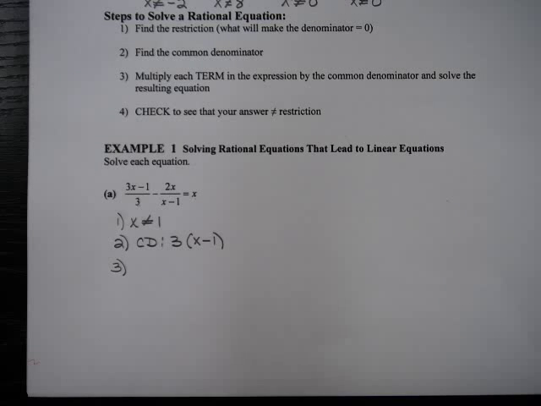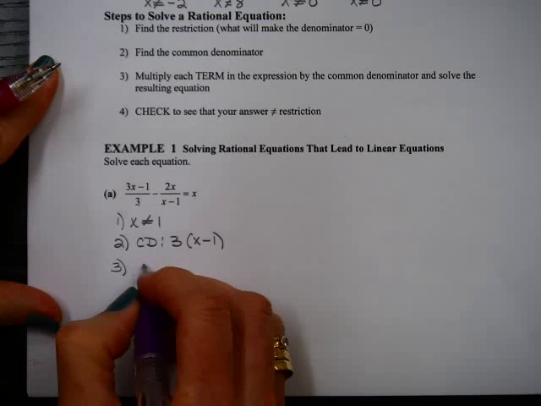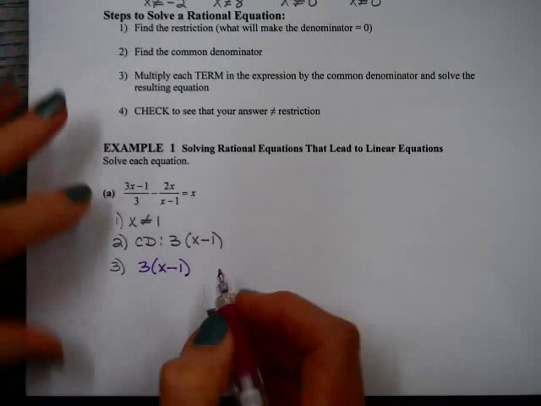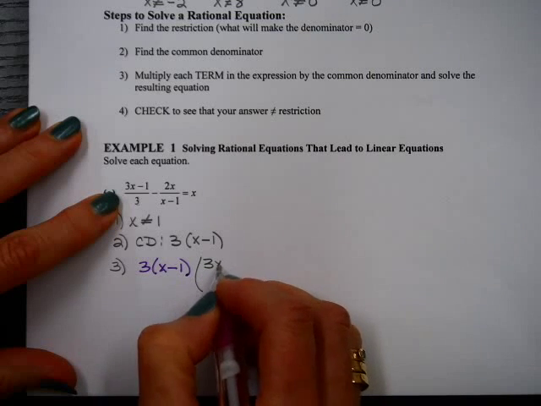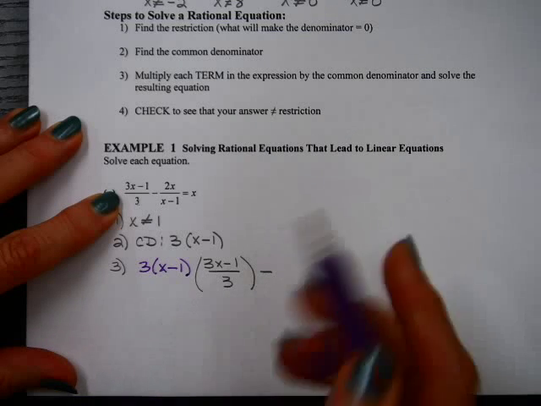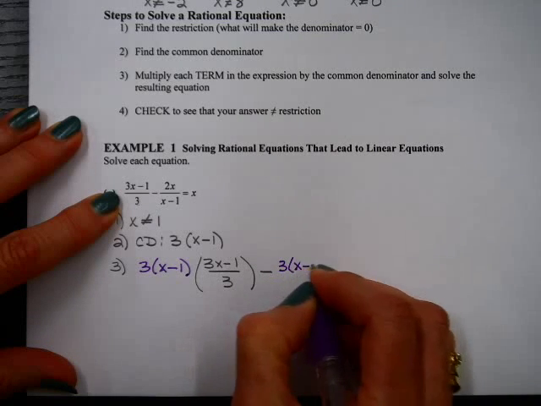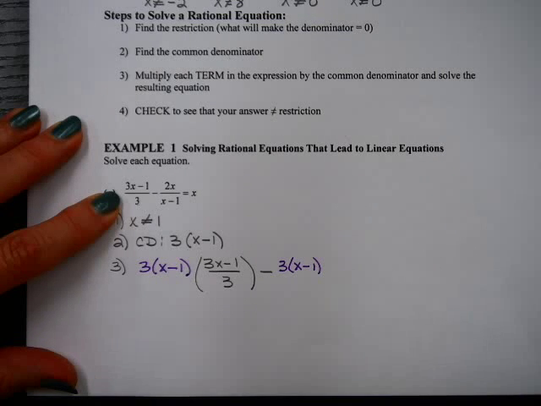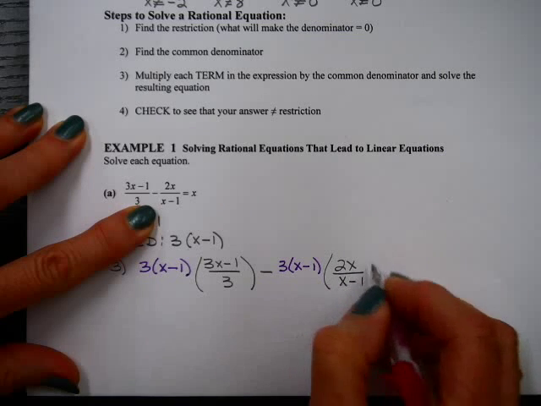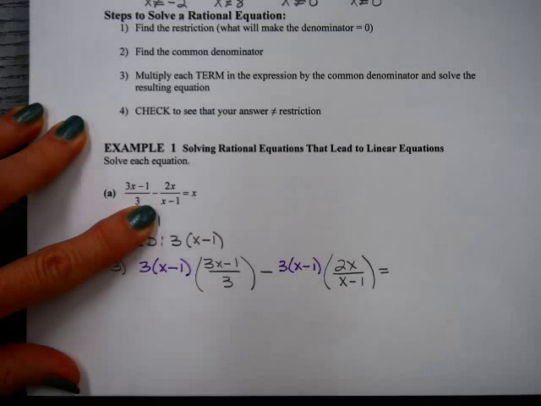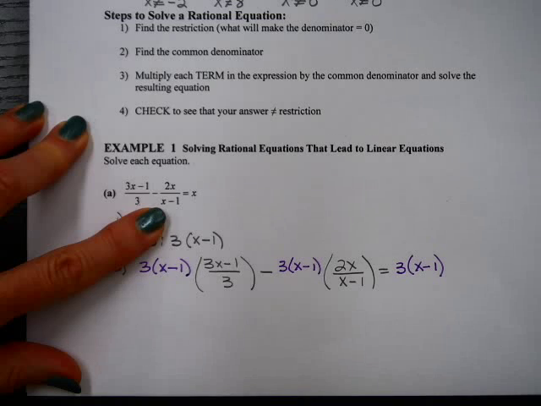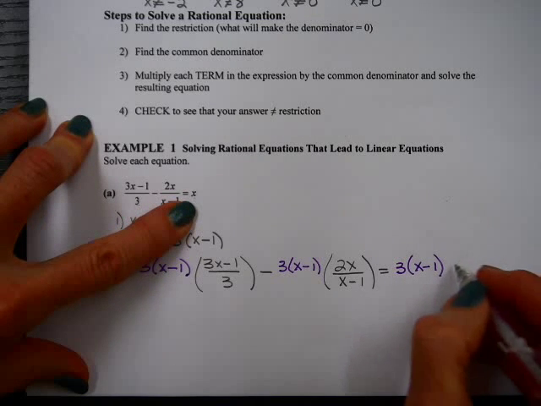We're going to take 3x minus 1, and we're going to multiply it by the first term, which is 3x minus 1 over 3, minus, all right, we're going to multiply 3x minus 1 times 2x over x minus 1 equals, every term has got to be multiplied by the common denominator, so I'm going to multiply 3x minus 1 times x.